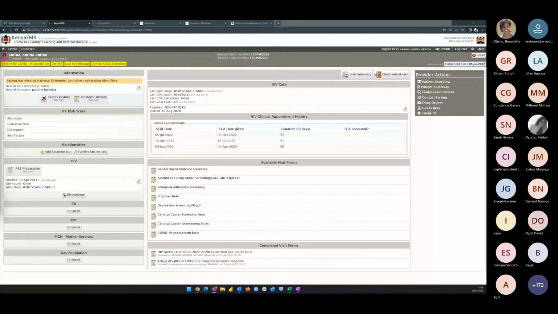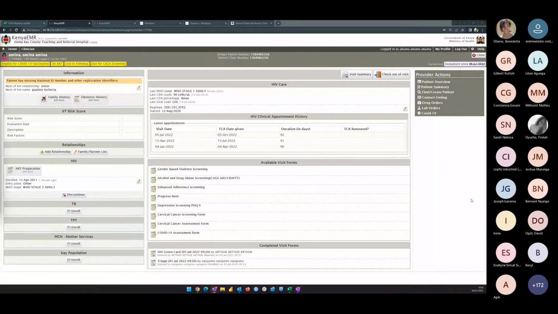So if you have ever done NUPI verification successfully, then know that you've been having that feature in your instance of Kenya EMR. And I think today provides a very good day just to sensitize you that you have that feature. You can put it into use right away from this particular training.